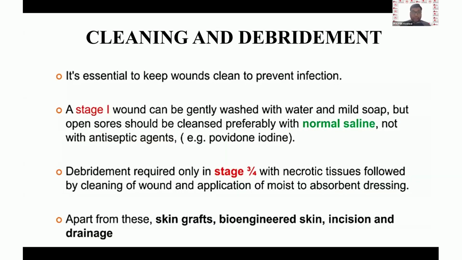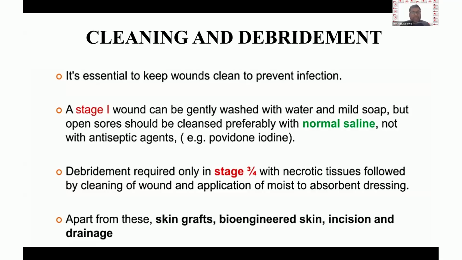Cleaning and debridement. It is essential to keep the wound clean and prevent infection. A stage 1 wound can be gently washed with water and mild soap, but open sores should be cleaned preferably with normal saline, not with any antiseptic agent, because povidone iodine can also be a source of bacterial growth.